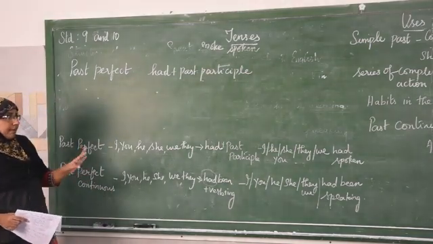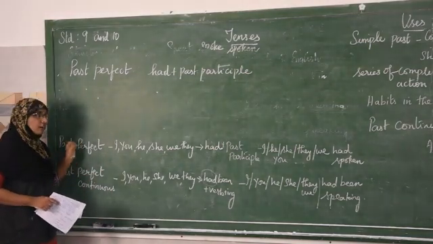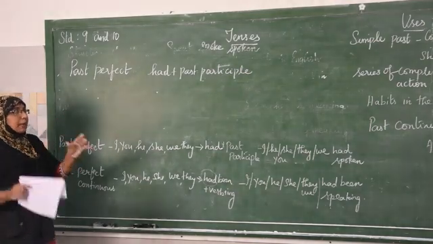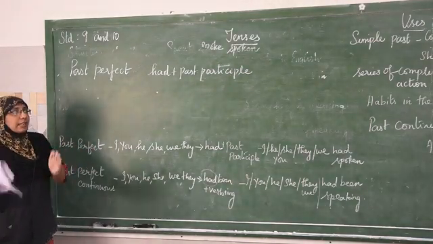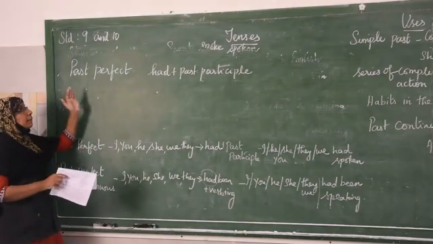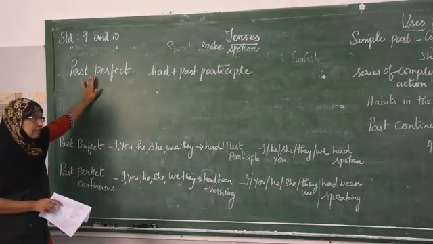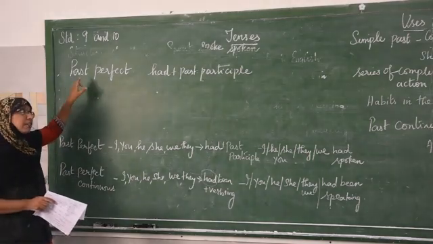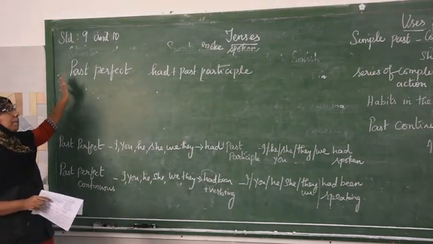You have to remember whether it is present perfect or past perfect tense. Present perfect tense means the immediate past, whereas past perfect tense refers to an action which had taken place earlier some time in the past.